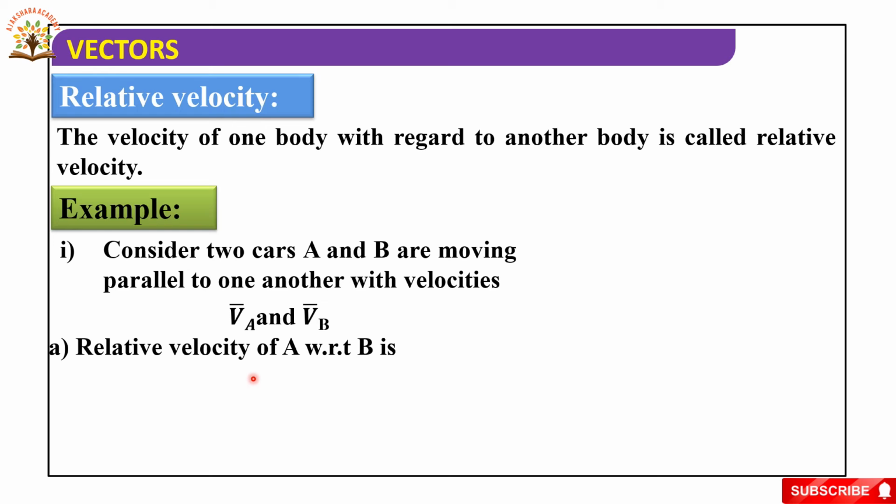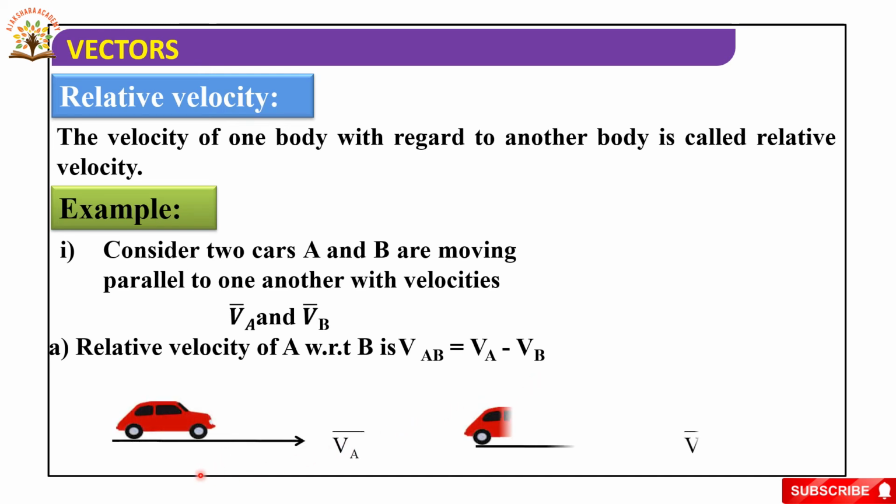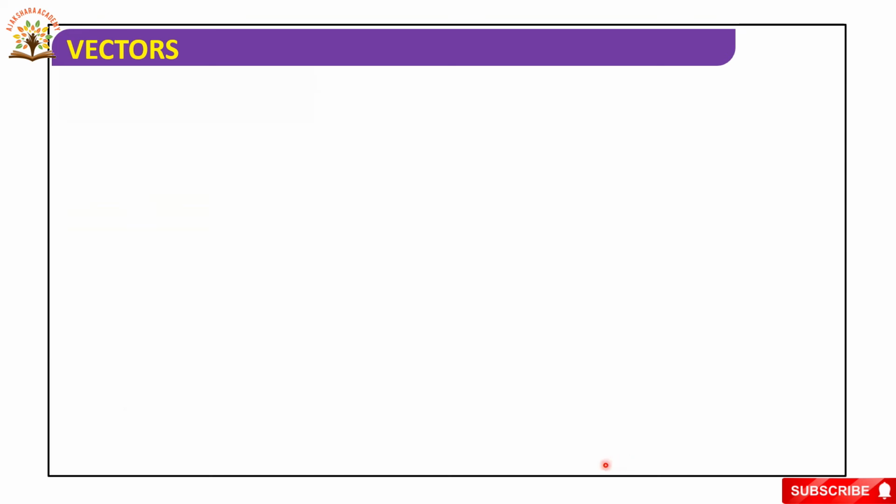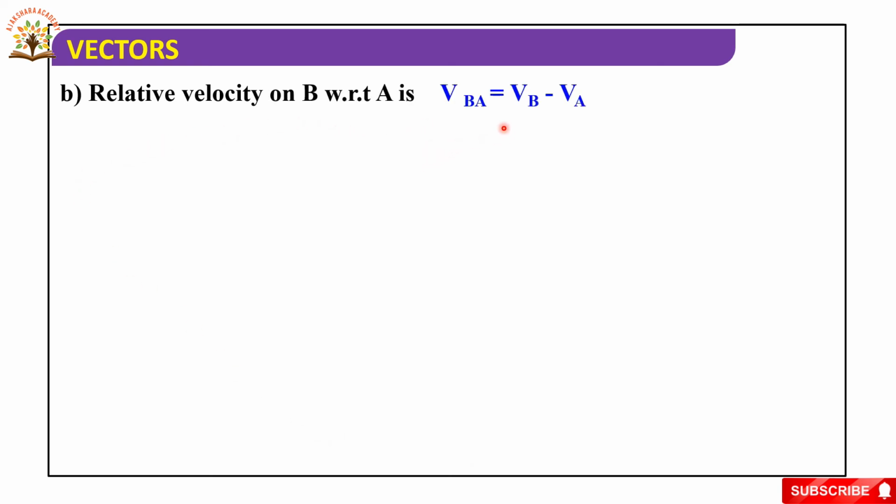So the relative velocity of A with respect to B is VAB equals VA minus VB. Observe, one car is moving with velocity VA bar and another car with velocity VB bar. So the relative velocity of B with respect to A is VBA equals VB minus VA.